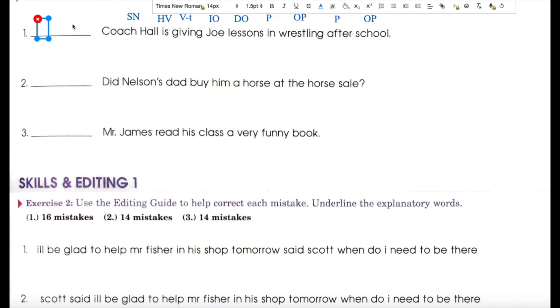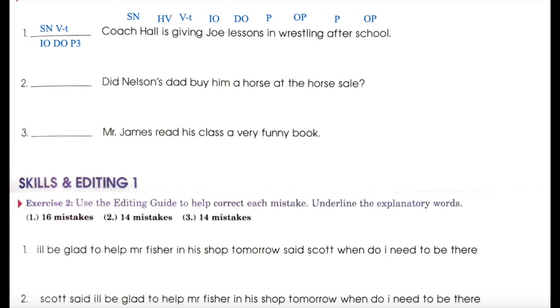And let's classify our sentence. It is a subject noun, verb transitive, indirect object, direct object, pattern 3. Let's put parentheses around our prepositional phrases.